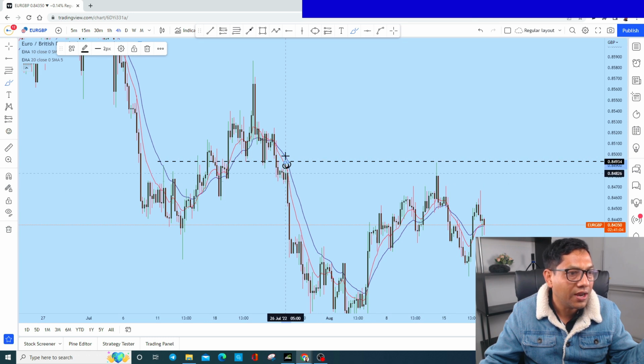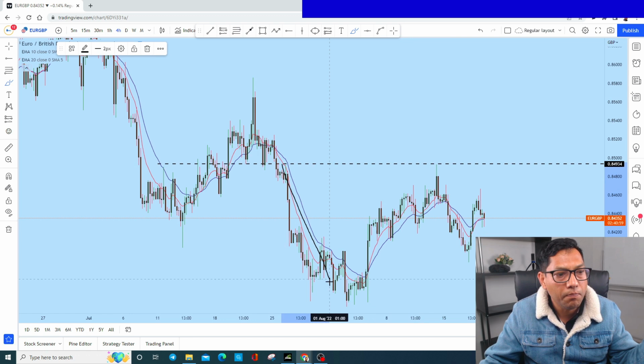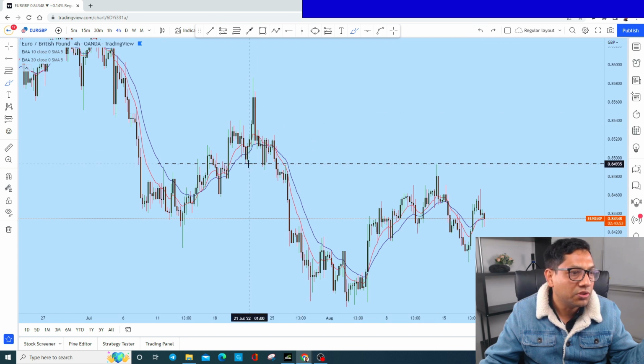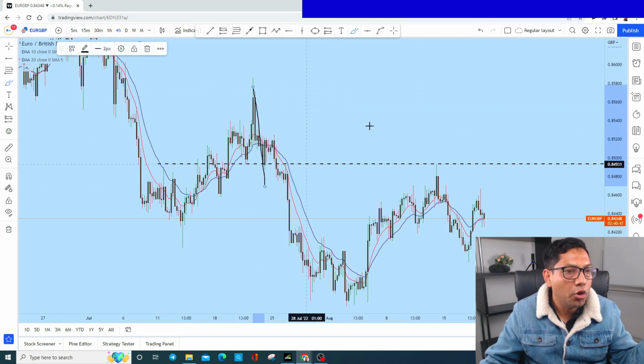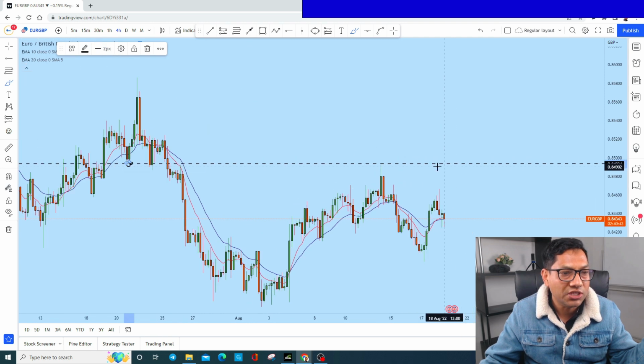With this smaller candle it has tested, and then after this big move, the price went to the same zone. You see that this point of interest where the buyers were buying now turns into a point of interest for sellers. So this same level is respected with this long candle and rejection.